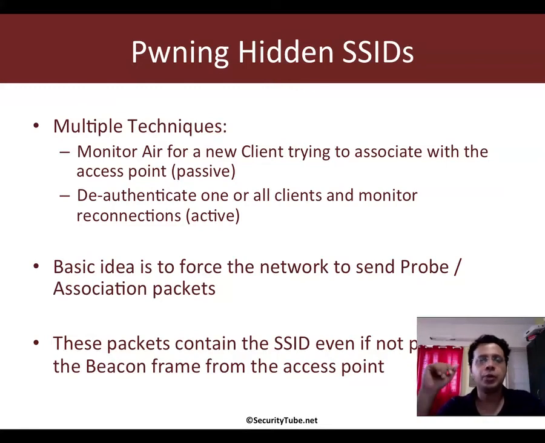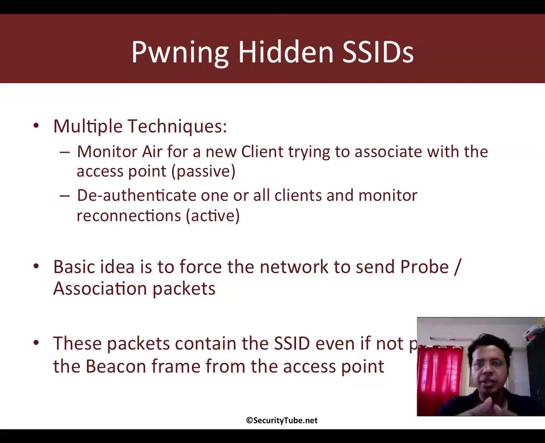Think about a BSS where there is an access point which is non-broadcasting or has a hidden SSID, and there are clients already connected to that access point and transferring data between the access point and the client. So what we are going to do is break that connection between all clients in the network and the access point. So what do you expect would happen next?